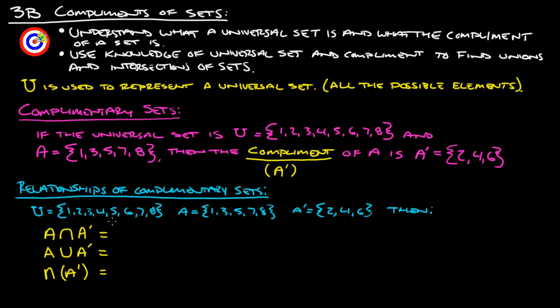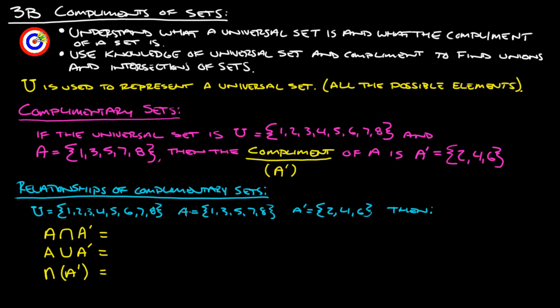Okay, so relationship of complementary sets. Let's take the sets that we just used in this previous example: universal set, set A, and the complement of set A. All right, so using that, if you take set A and you find the intersection of set A with the complement of set A, so basically whatever is in common with these two sets.